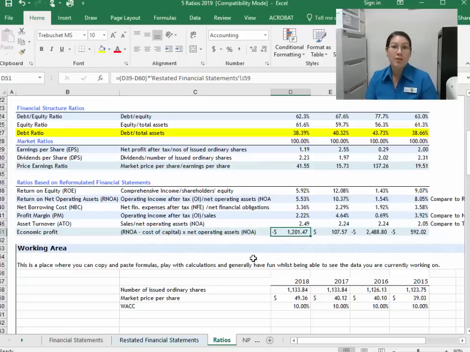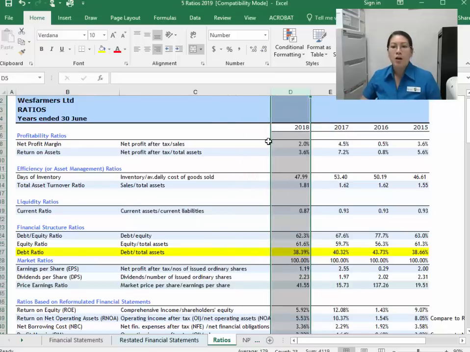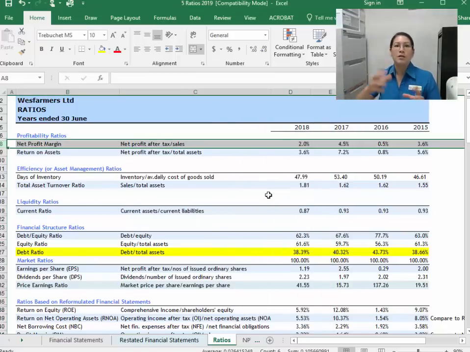Don't forget, you do have the written component, which is a large section of the marks, not just calculating this spreadsheet. Make sure that you're writing down in your Word document all of the explanations. So comparing your numbers for each year, across the years. So for trends, what has this been trending between each other?